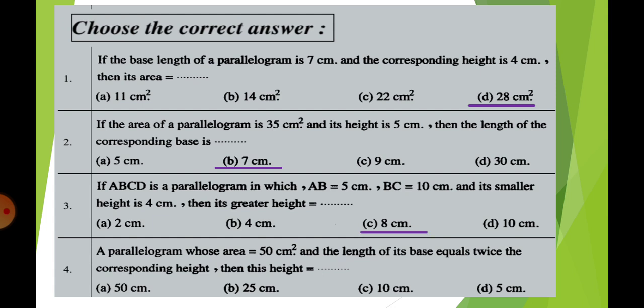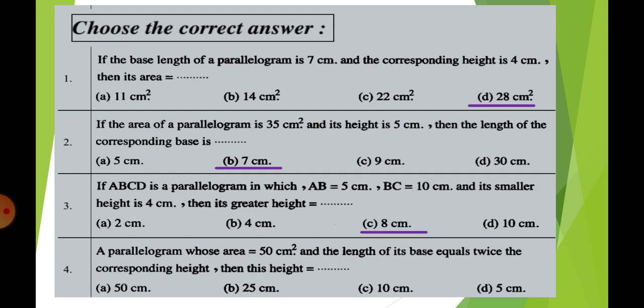Number 4, a parallelogram of area 50 centimeters squared, and the length of its base equals twice the corresponding height. The base equals twice the height. If height equals x, then the base equals 2x. Area equals base times height, then the area equals 2x multiplied by x equals 2x squared.